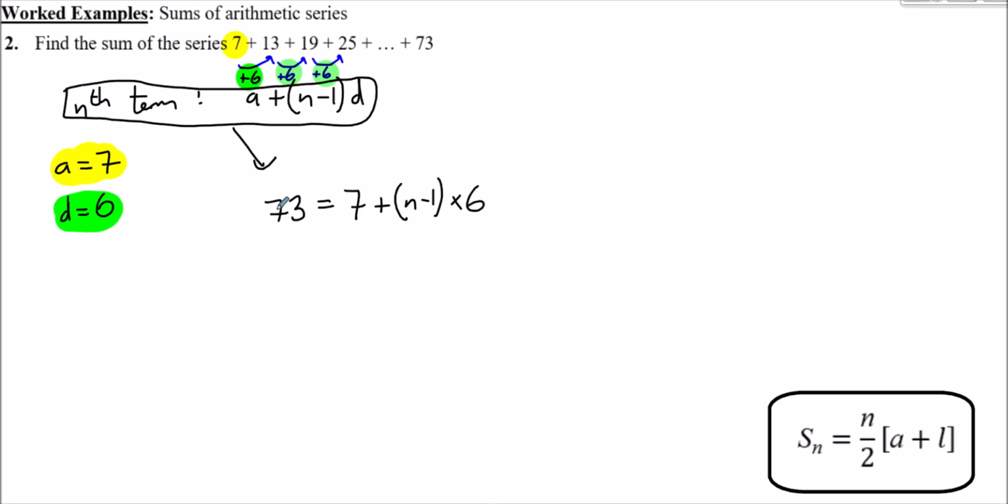So if we subtract 7 from both sides, we get 66 equals 6 lots of n minus 1. Then if we divide through by 6, 11 equals n minus 1. So therefore, adding 1 to both sides, n equals 12. So in other words, we've got 12 terms.